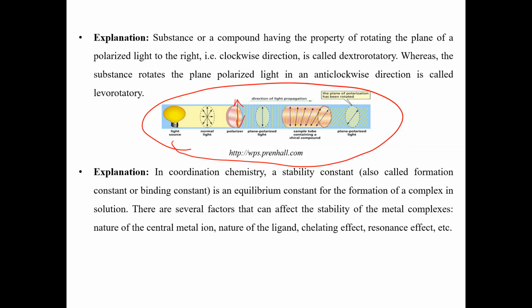If you pass this plane polarized light through your sample, you will get plane polarized light, but the plane of polarization has been rotated. So you can say this sample is optically active.